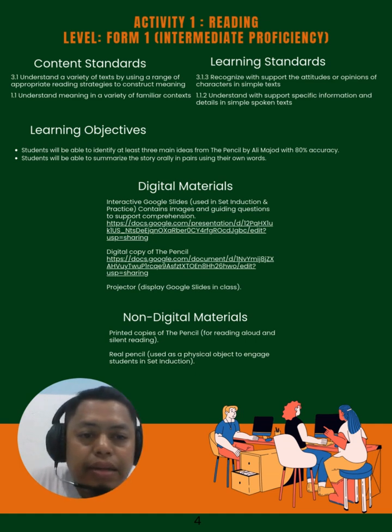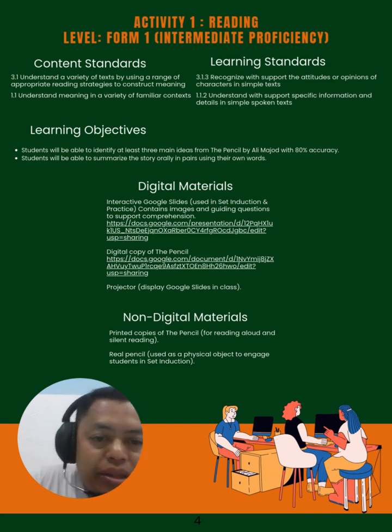Okay, now let's look at the first activity, which is reading, level Form 1 for intermediate proficiency. The content standard will be 3.1, understand a variety of texts by using a range of appropriate reading strategies to construct meaning.